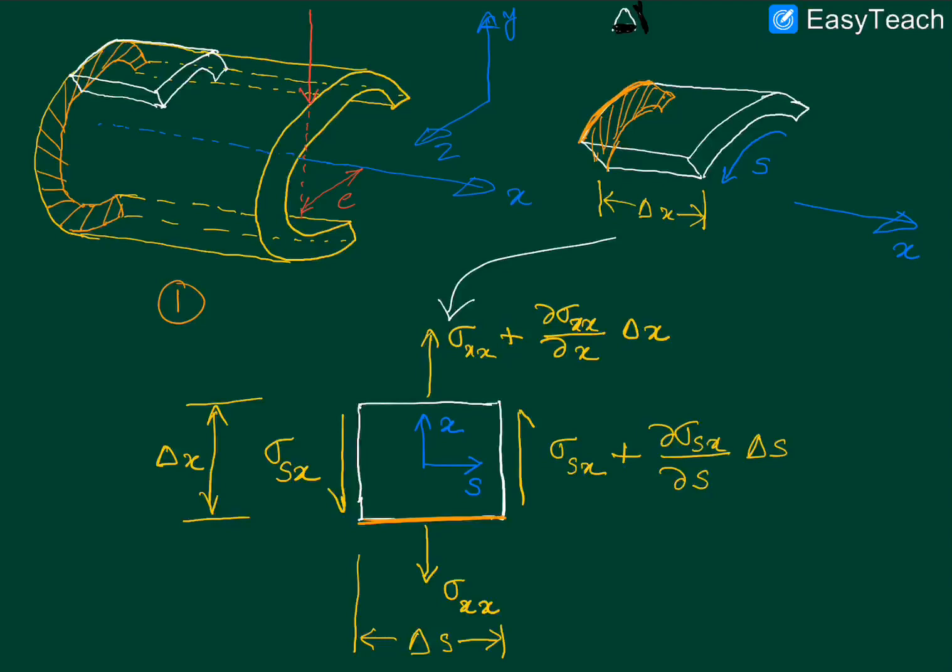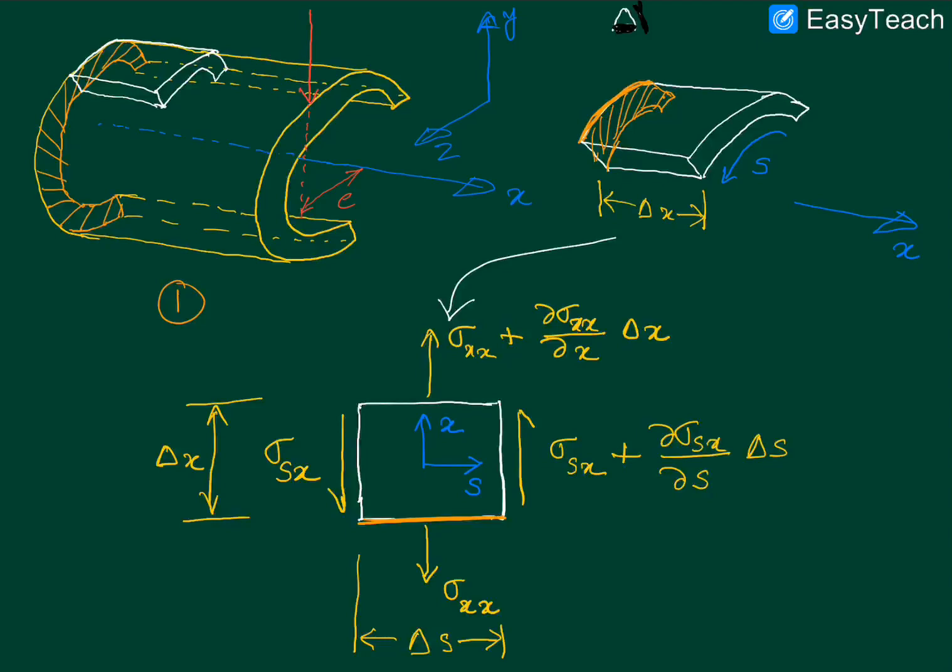So even if we have a very general cross section and a very general kind of loading, we know how to write down the expression for sigma xx in terms of the given moments, which is the externally applied load. If we can do that and somehow relate the sigma sx to the sigma xx, then the first step of our job towards finding the shear center is done. And this is, mind you, the most complicated step of actually finding out the sigma sx.